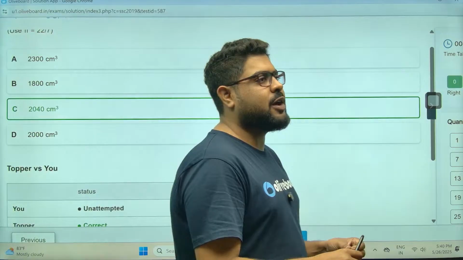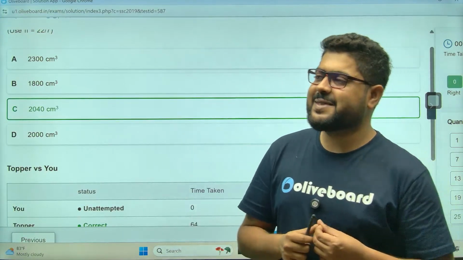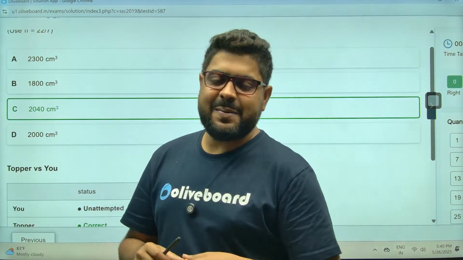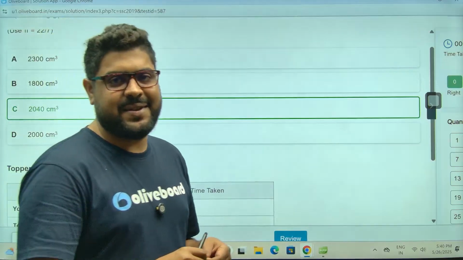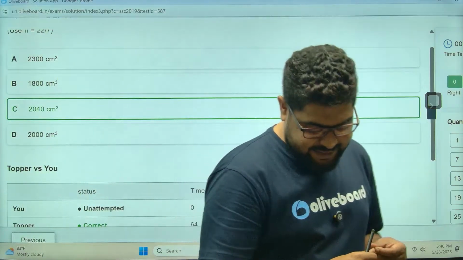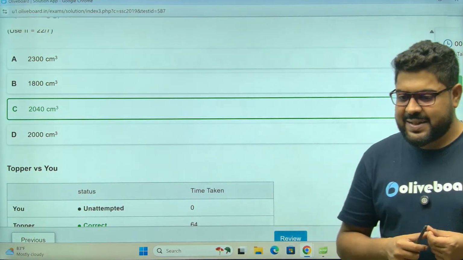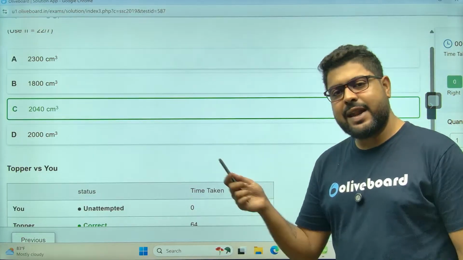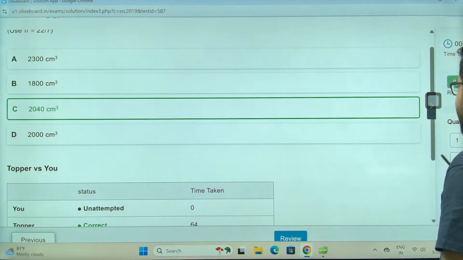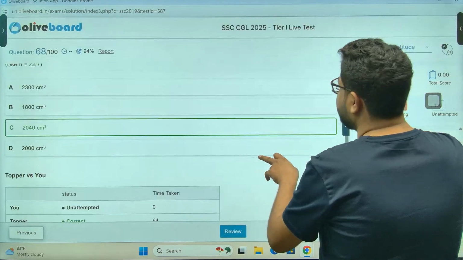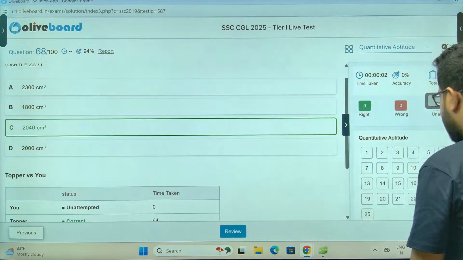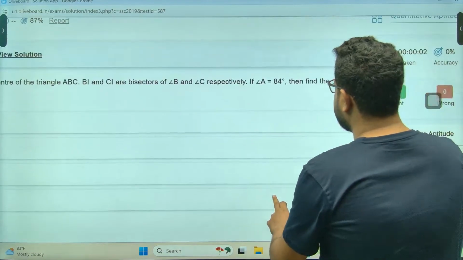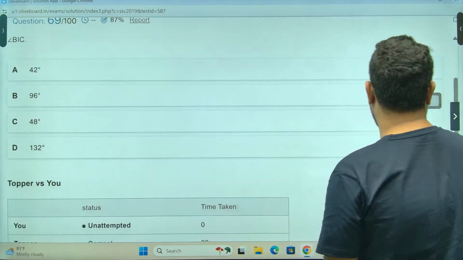If you solve, for example, CGL once, CHSL once, NTPC once, you will get 3-4 marks, completely free. Okay? And we try to do the analysis, say on Monday I do CGL, tomorrow Tuesday I'll do NTPC, then CHSL, and so on.